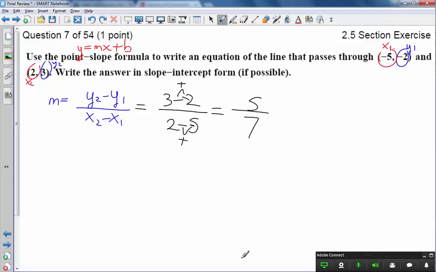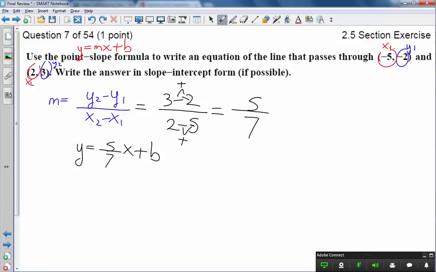How do I get the slope, intercept then? B. Right now you only know m. Once you get something, put it here: 5 over 7x plus b. How do I solve for b and put it back? Plug in the x1 and y1 values.